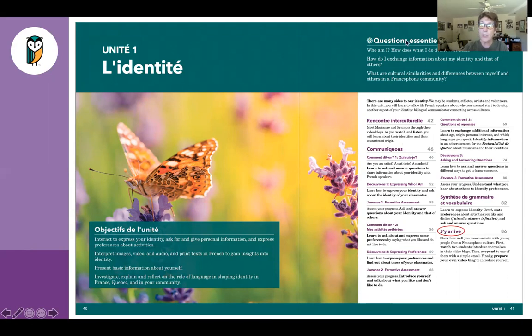So students are exposed to the questions essentielles, the unit goals. We take a look at the J'y arrive. That's how all of this was created. And then the authors created all of the other activities to help students be successful.